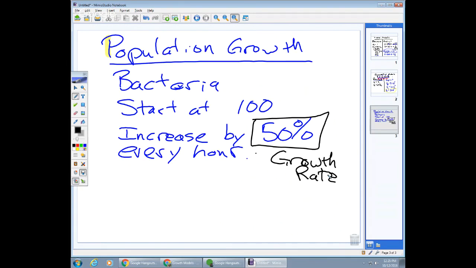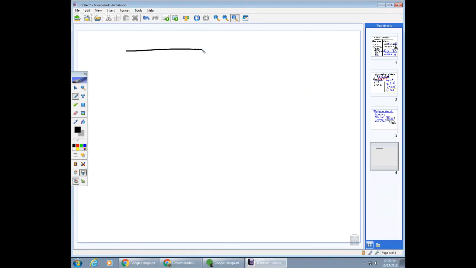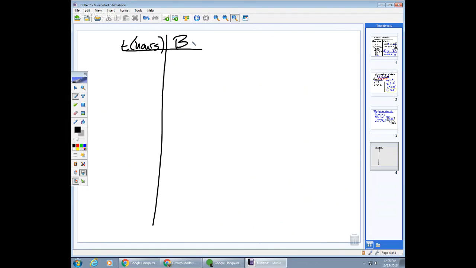And so I just want to take a look at what happens with this population. So let's make a table for it. Here we have time in hours. And we have bacteria. And usually when we talk about starting, that would be 0 is where we start. So at time 0, when we started looking, there were, how many did I say? 100 bacteria.